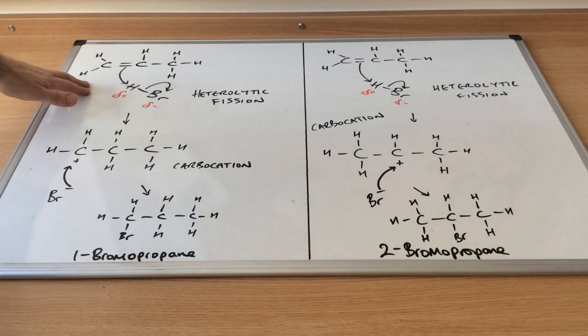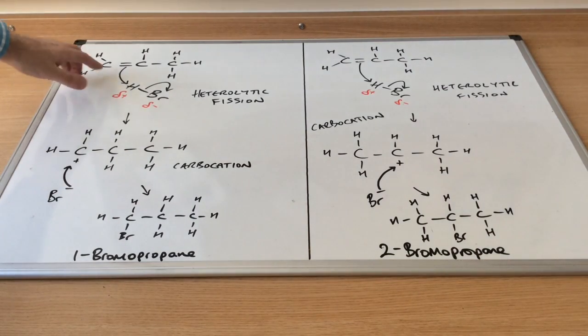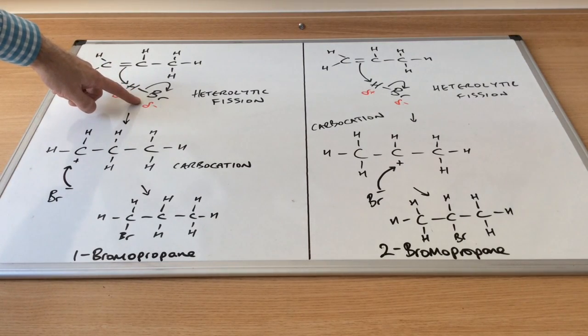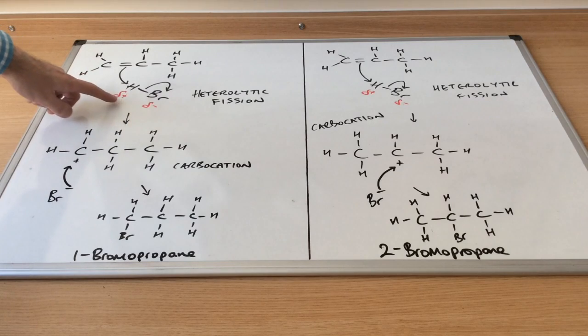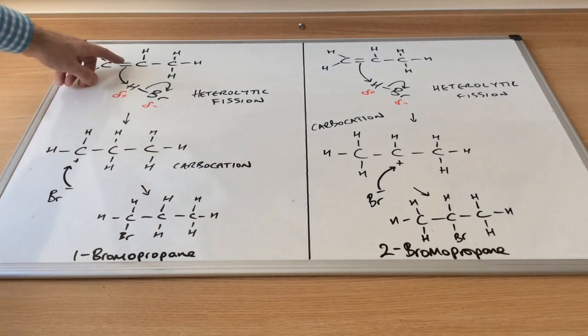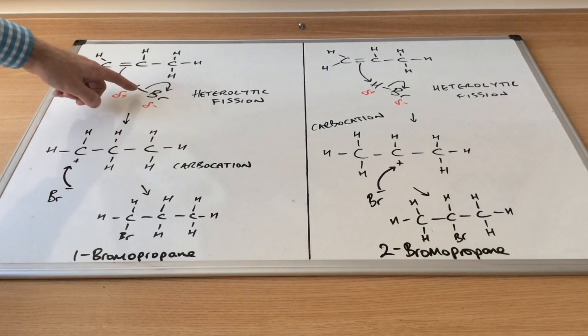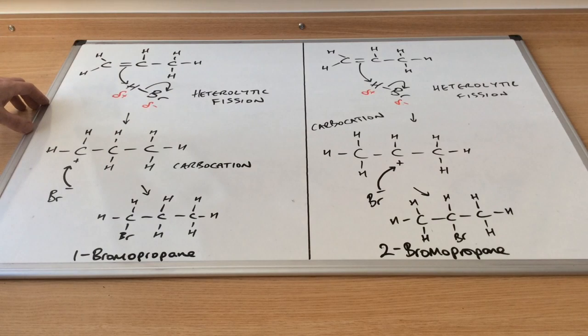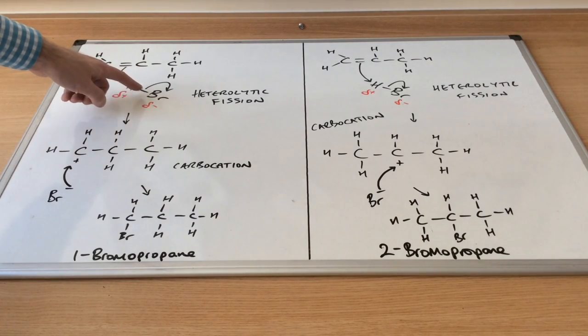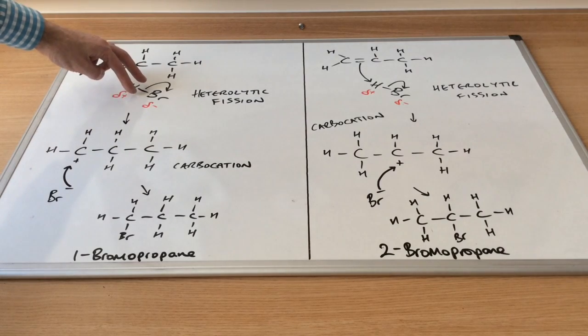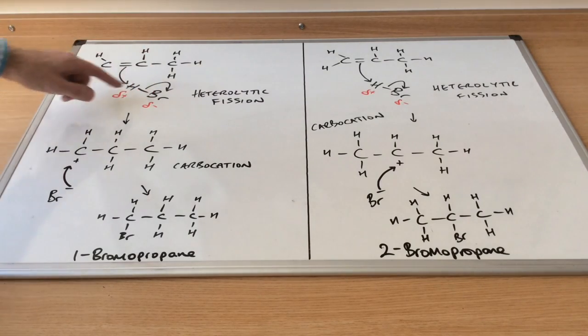The first stage is identical, so we'll just go through the left hand one. We've got the dipole in the HBr molecule. Remember, bromine's slightly more electronegative than hydrogen, making the dipole this way around. The pi electron pair would be attracted to the slightly positive hydrogen, which will in turn repel the electron pair in the HBr bond completely onto the Br, breaking this covalent bond by heterolytic fission, because both of the electrons end up going onto the bromine.